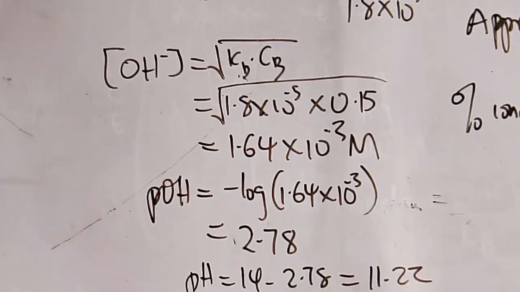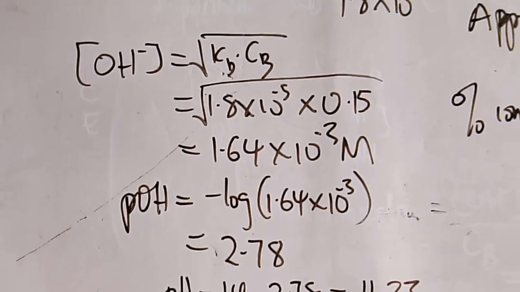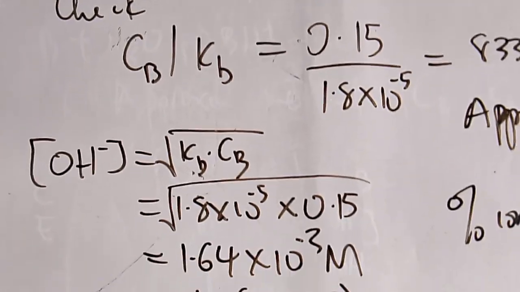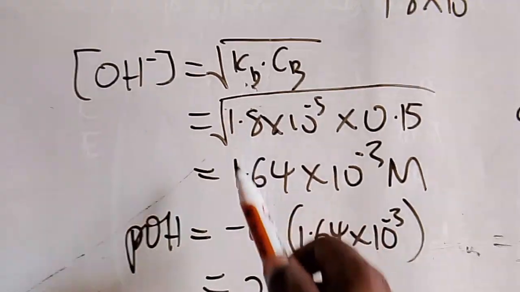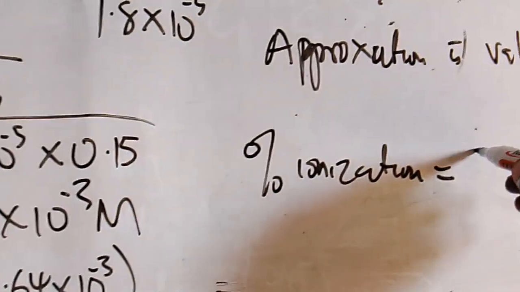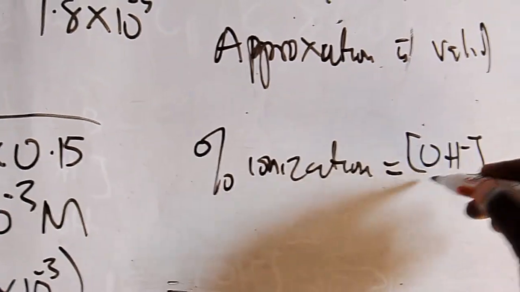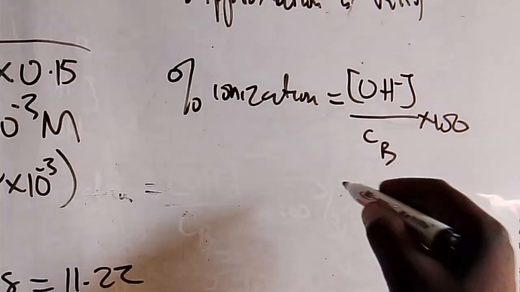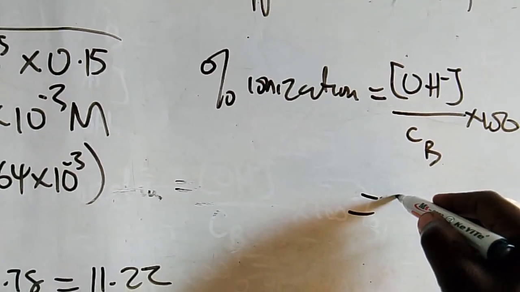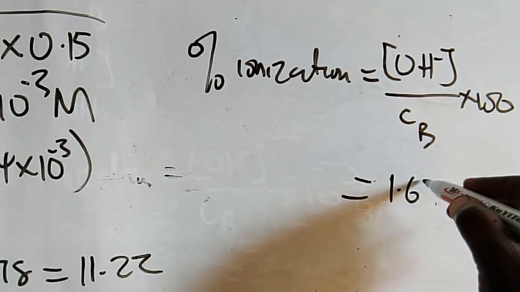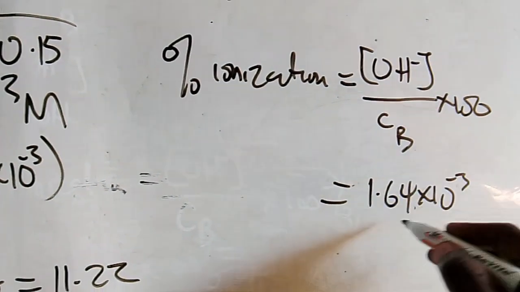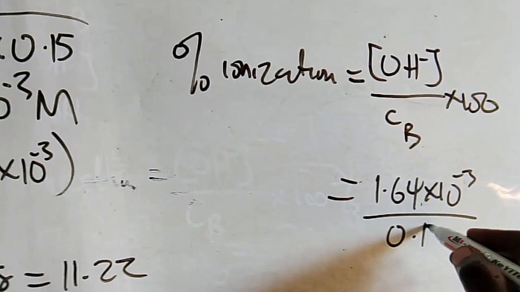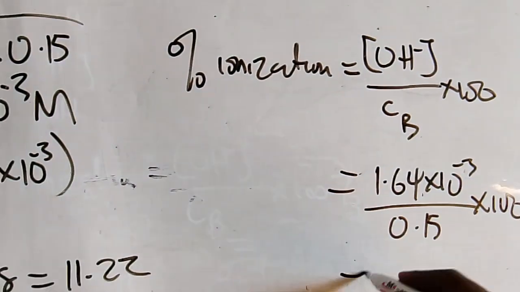Then we can also calculate the percent ionization, which is equal to the concentration of hydroxide ion over Cb times 100. The concentration of hydroxide ion is 1.64 times 10 to the power negative 3, and the base is 0.15, times 100.